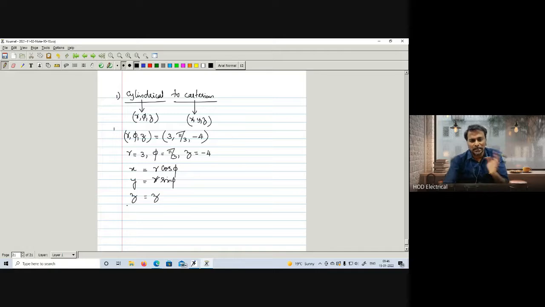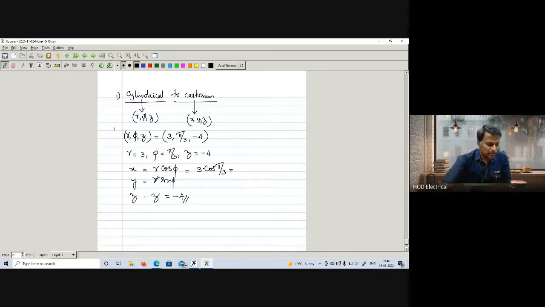Since in cylindrical and Cartesian the z variable is the same, we can directly write z is equal to minus 4. But what about r and phi? r is already given as 3 and phi equal to pi by 3, therefore we can substitute directly: 3 into cos pi by 3.